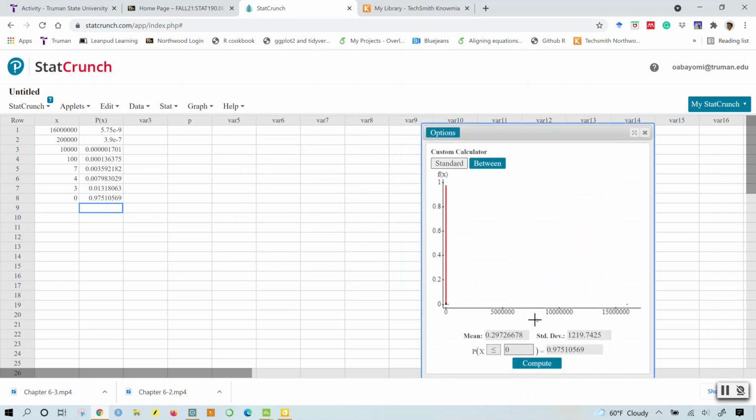As it stands, the expected cash prize here is 0.297266678. If I round this off to 2 decimal places, this will be 0.30. So the expected cash prize is 30 cents in this case.